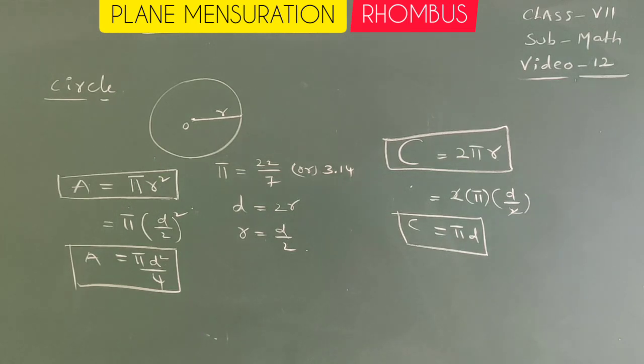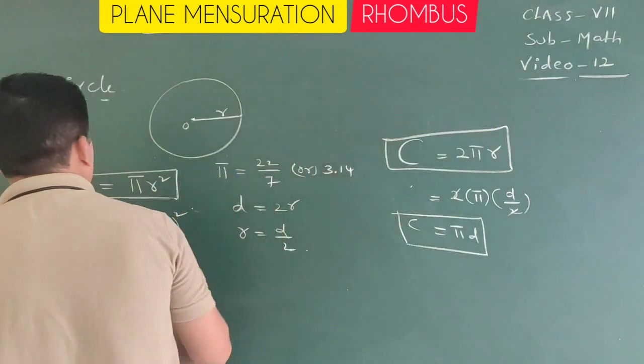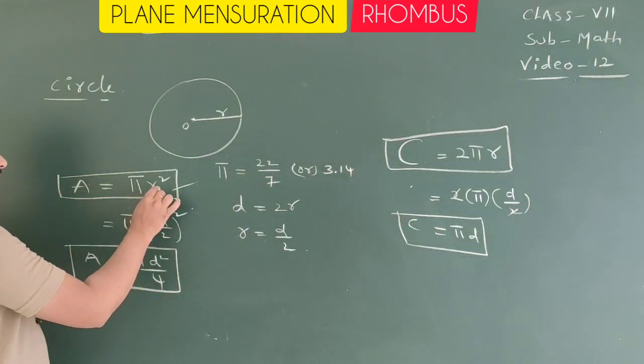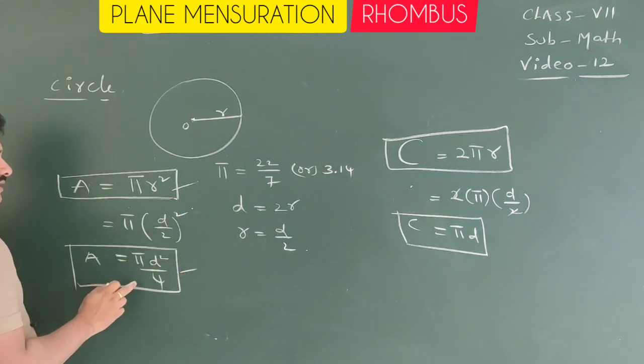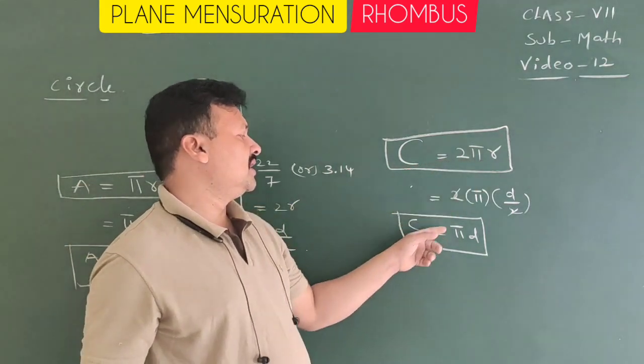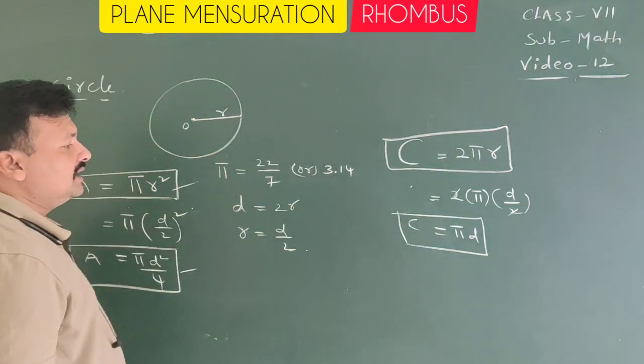Area of circle is pi r square in terms of radius given. In terms of diameter, pi d square by 4. Circumference of circle is 2 pi r, in terms of d, pi d.